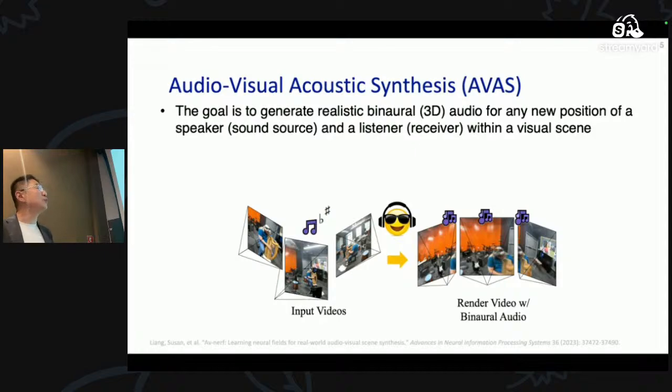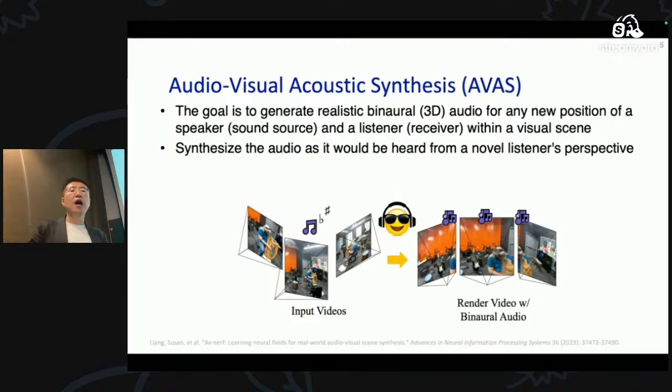Now, the output is that we want to preserve the room geometry and material properties, while we can change the sounding sources and change the listener positions from a new camera trajectory. We want to create that realistic audiovisual experience.